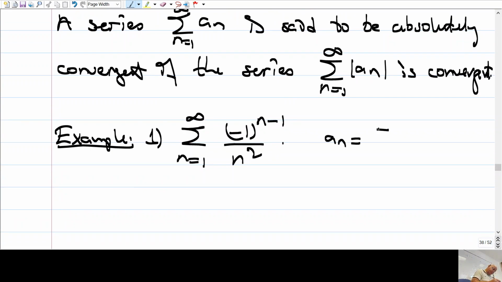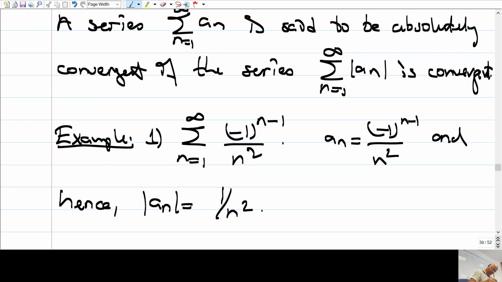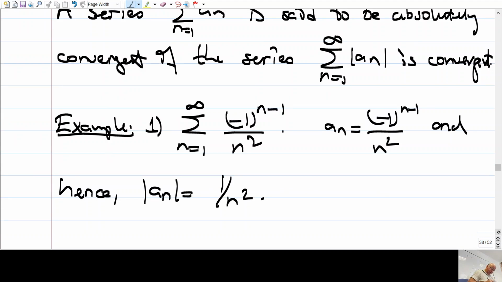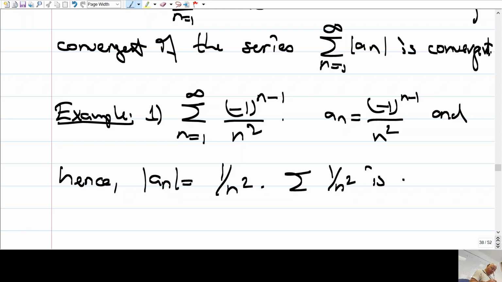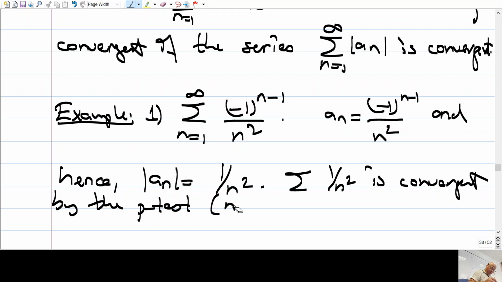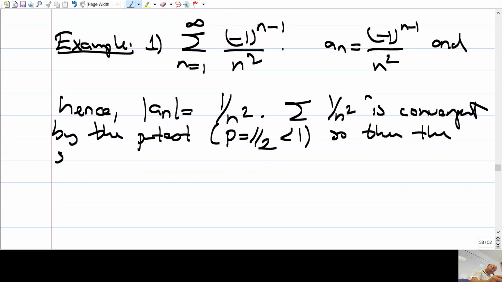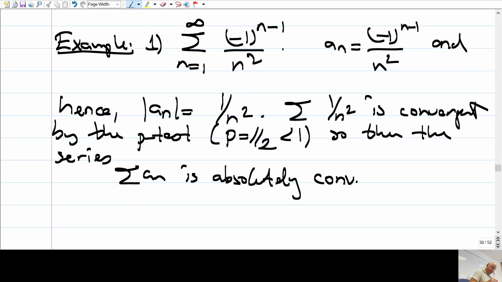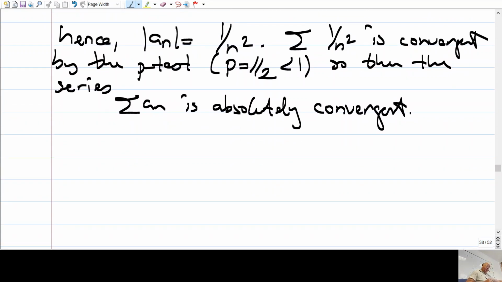So an is just minus 1 to the power n minus 1 divided by n squared, and hence the absolute value of an is just 1 over n squared, and 1 over n squared is convergent by the p-test, because p is 2 and greater than 1, so that the series an is absolutely convergent.